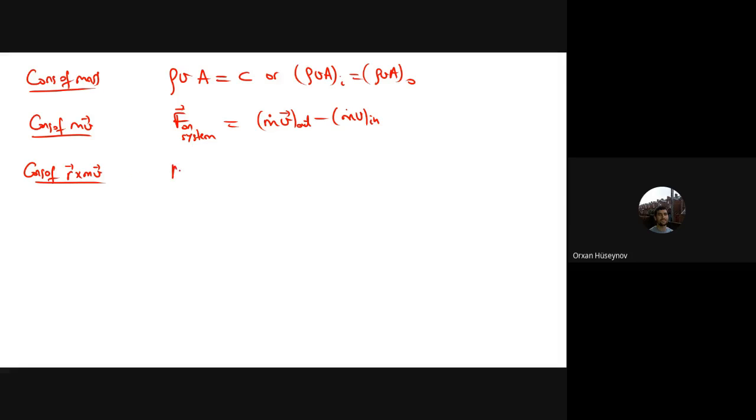So the moments acting on the system will be equal to the mass flow rate, the velocity, and its arm, all of these for the outlet, minus the mass flow rate and the velocity multiplied with the arm for the inlet. This one was the conservation of the angular momentum, and then you have the conservation of the energy.